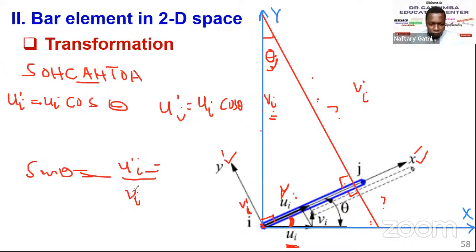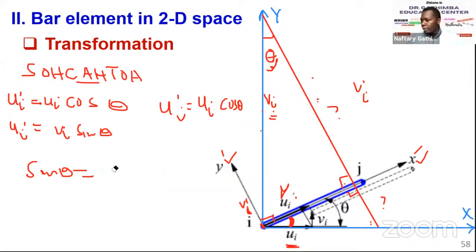And from here, you can see, again, when resolved in the vertical axis, UI prime is equal to VI sine theta. So far, so good. Very simple.